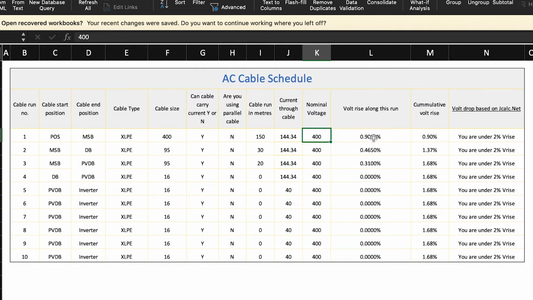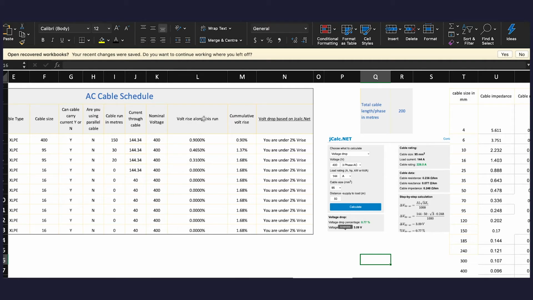Now, with the volt rise, I've used the calculation that JCalc has used. There's a lot of different ways to do volt rise. In my earlier presentation, I was using the millivolt per amp meter method, which is referenced in the Australian standard AS 3008. So volt rise along this run.